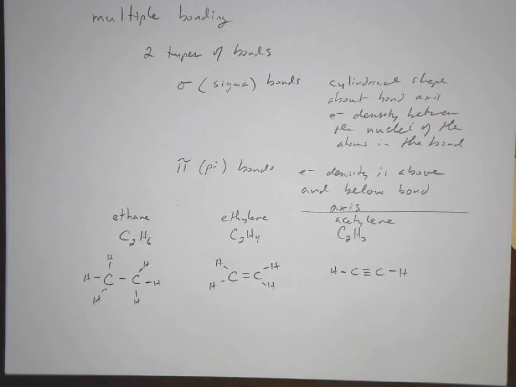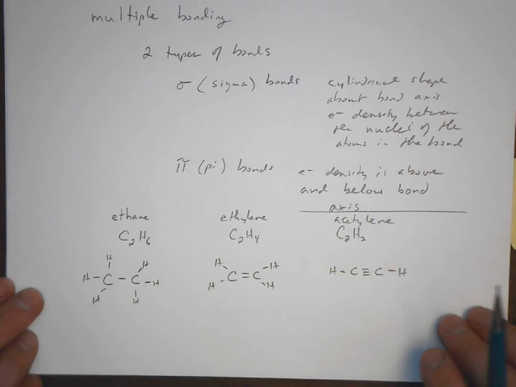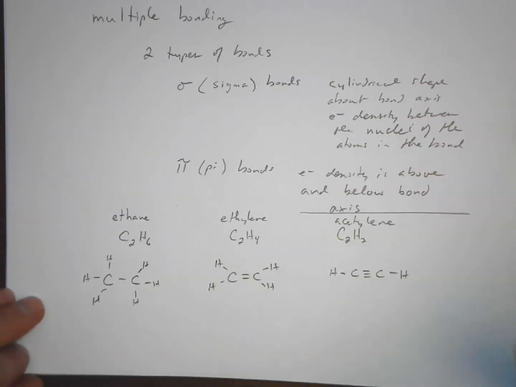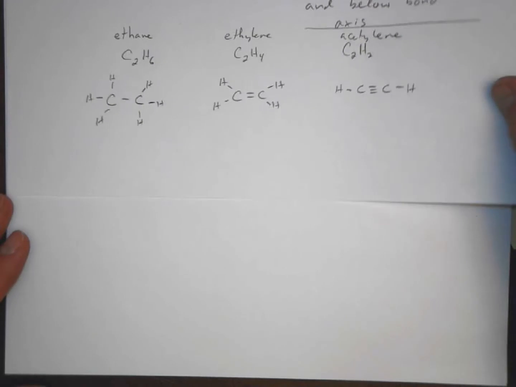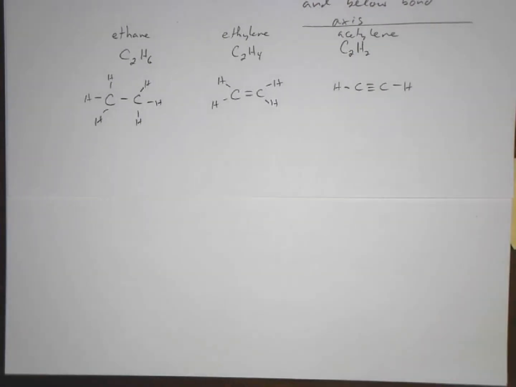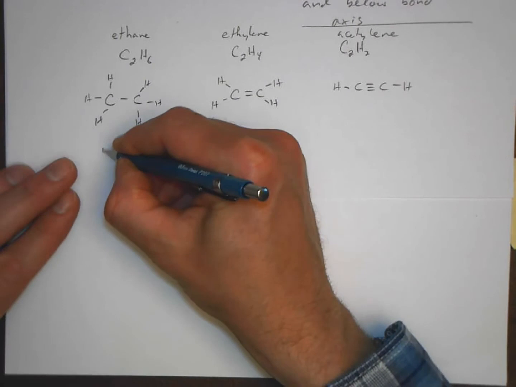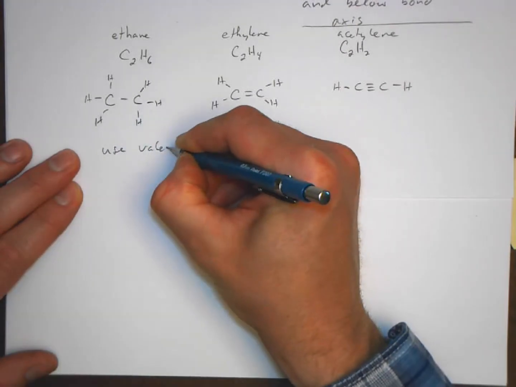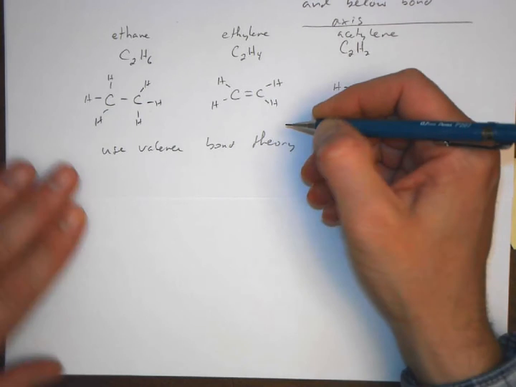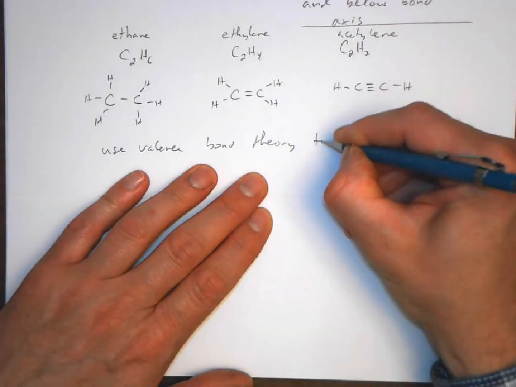Now our goal here is to be able to talk about the bonding of each of these in the context of valence bond theory. Let's use valence bond theory to describe the bonding in each.